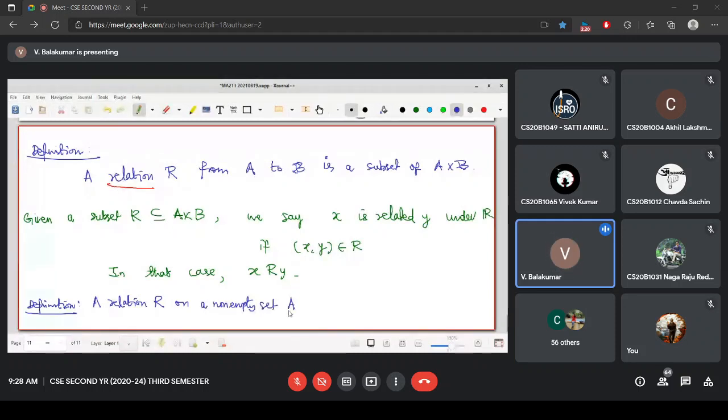Now, a relation on a single set. It is a subset of A cross A. We shall look at examples. You have given examples already. I shall explain that.